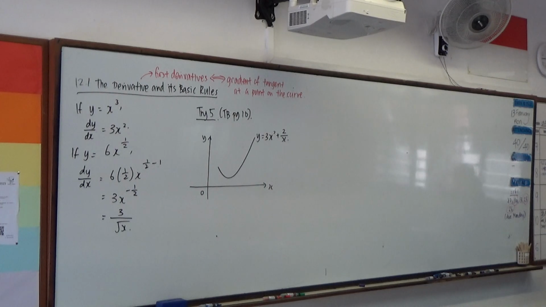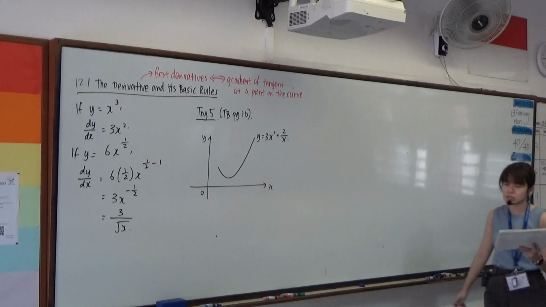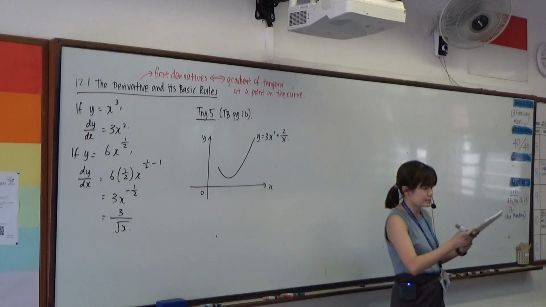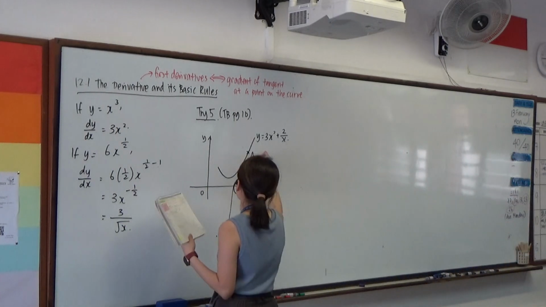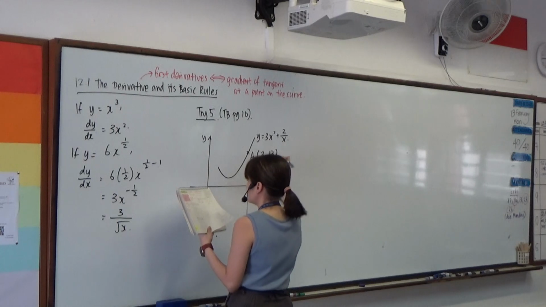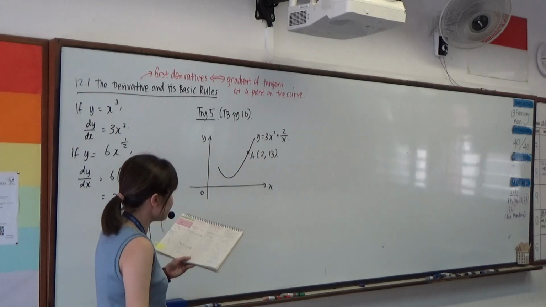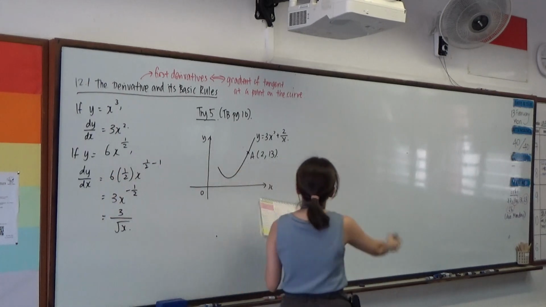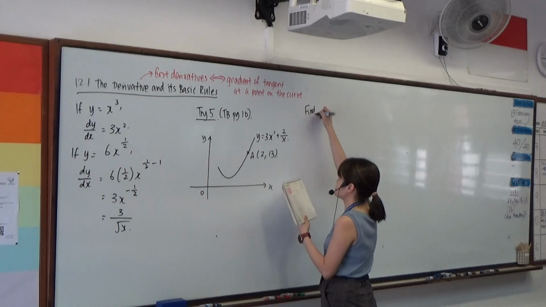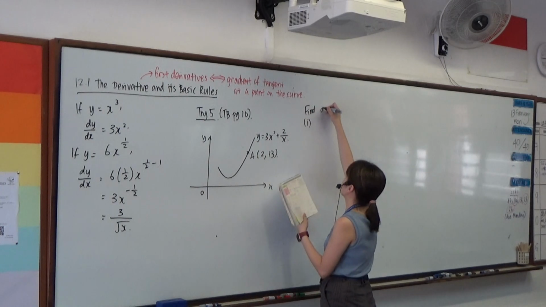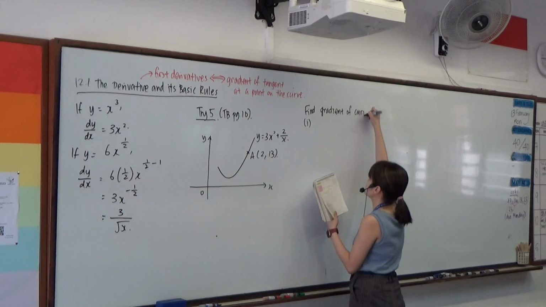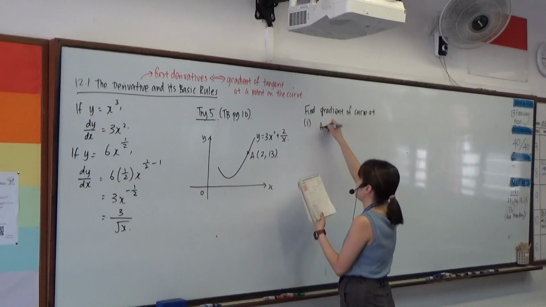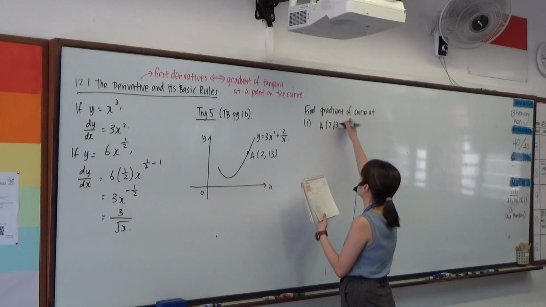Alright, so this question gave you a diagram representing the graph of y equals 3x squared plus 2 over x. Okay, and then a point A (2, 13) is found on this curve. The question wants you to find the gradient of the curve at a certain point: in part 1, at A (2, 13).